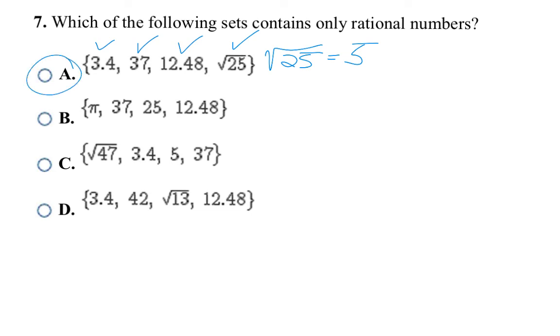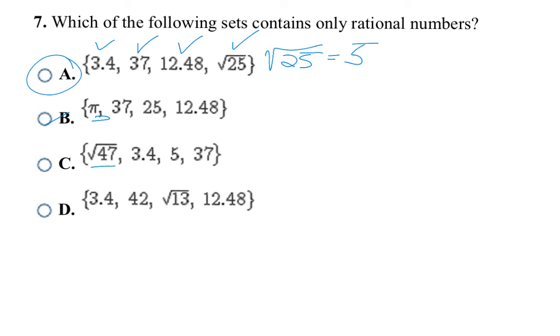And it's always good to look at your other answers here to make sure that you didn't make a silly mistake. So in B, anytime I see that pi, I know that symbol pi is not a rational number, because like we talked about on the last slide, it's a decimal that doesn't end by definition. So because of pi, B can't be your answer.